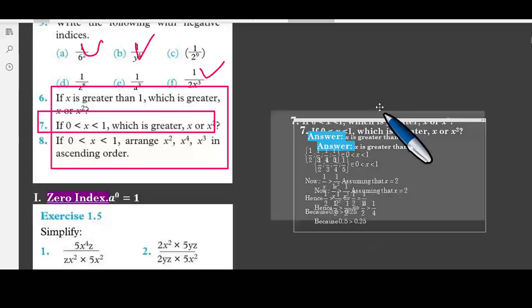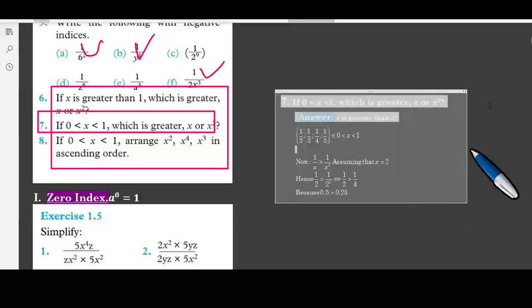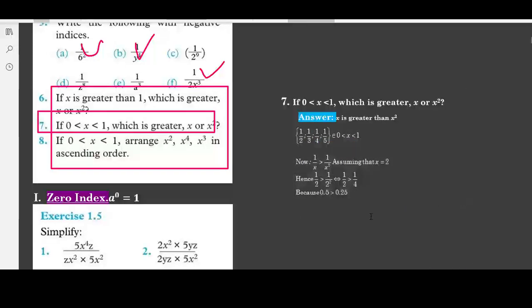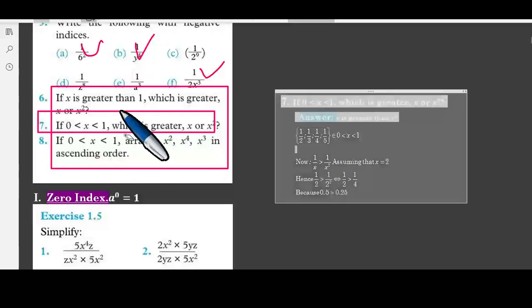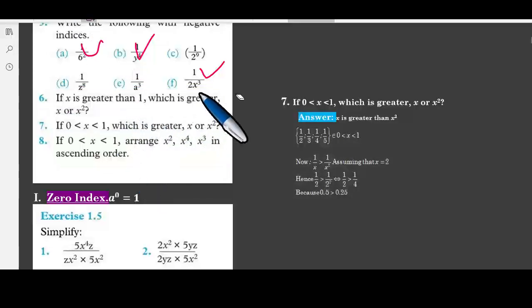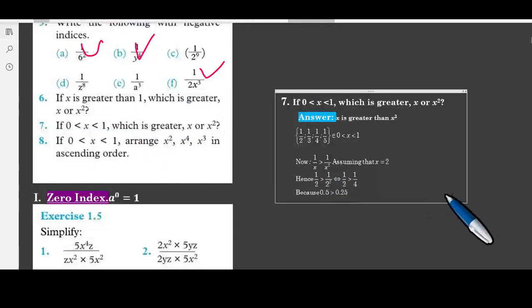In this case, why? Let me explain to you in Kinyarwanda somehow, so that you can understand very well.